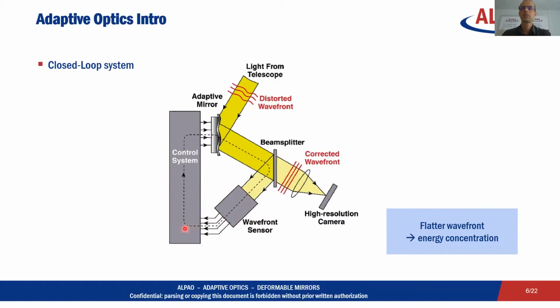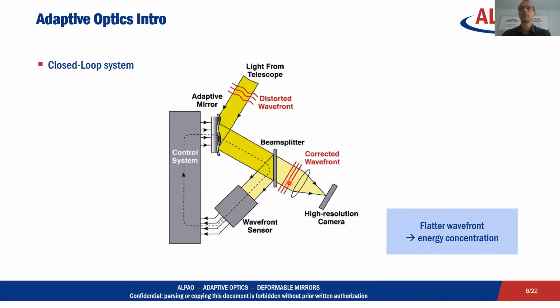This information is given to a controller of the feedback control system, which computes as fast as possible the appropriate shape of the DM that allows to flatten the wavefront. If this is properly working, the wavefront can be transformed into a wavefront which is much flatter, not perfectly flat.